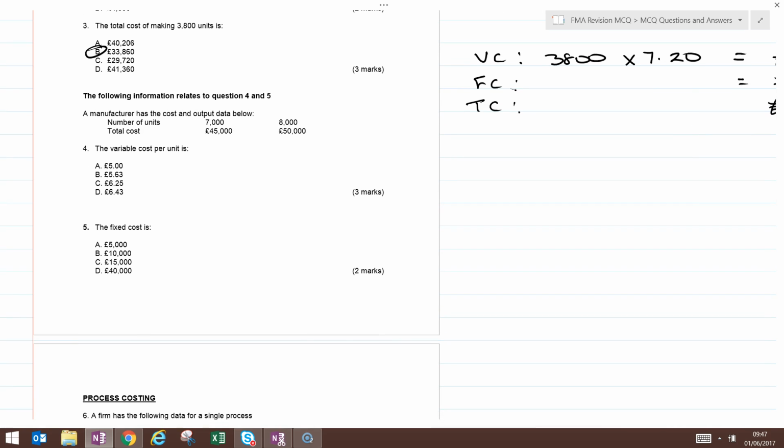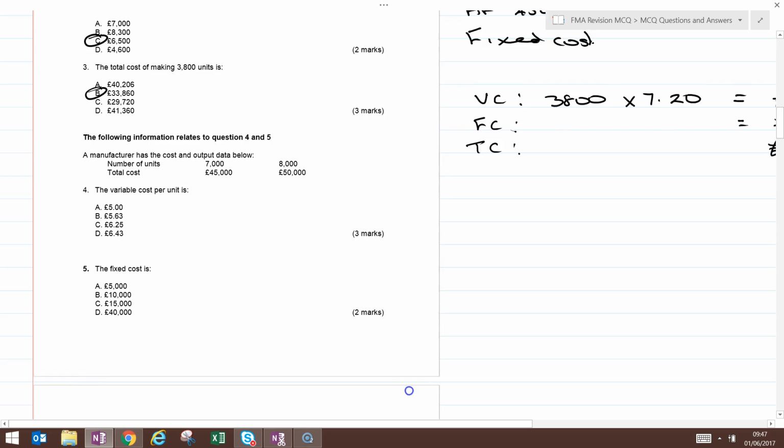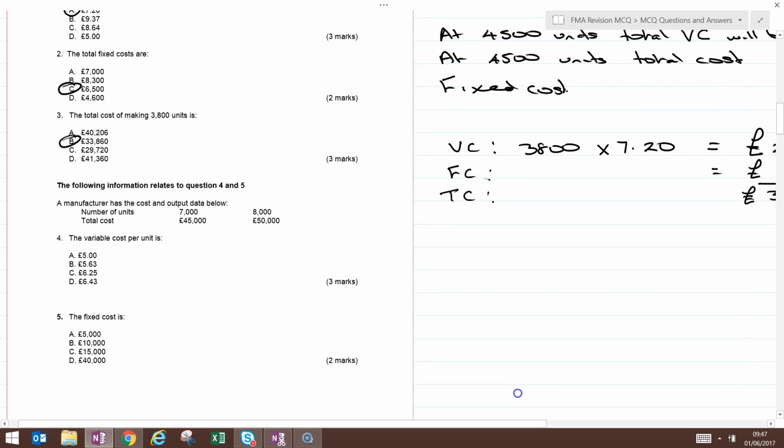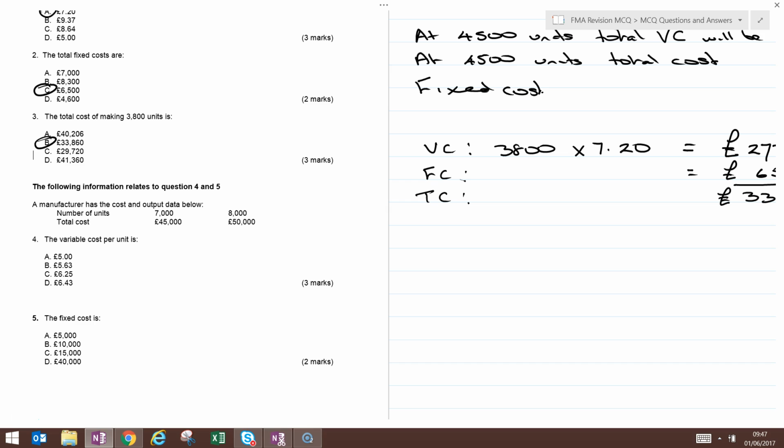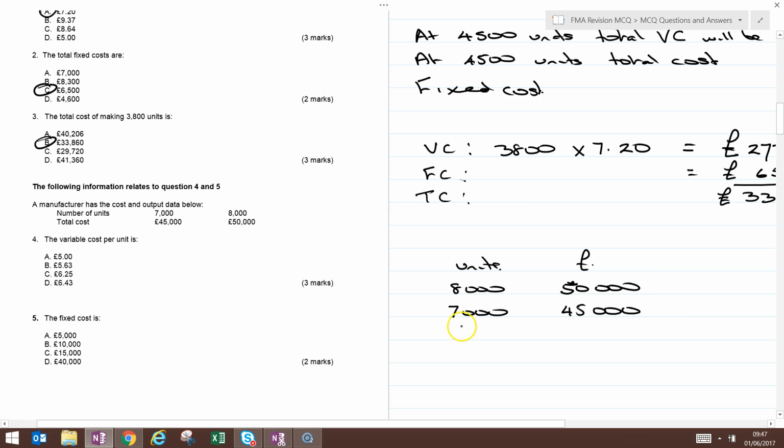So questions 4 and 5 are asking you to repeat that. It's another example of high-low. In your actual exam, you would not get several high-low questions, but this is just for practice. So apply the same method. We take the units and the cost. So 8,000 units, cost is £50,000. 7,000 units, the cost is £45,000.